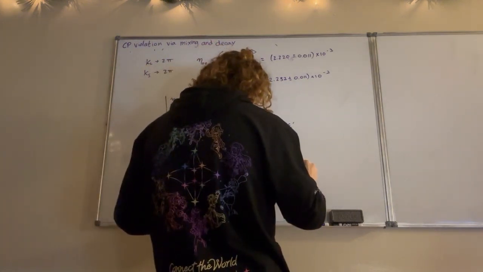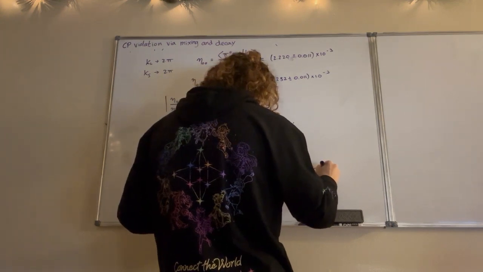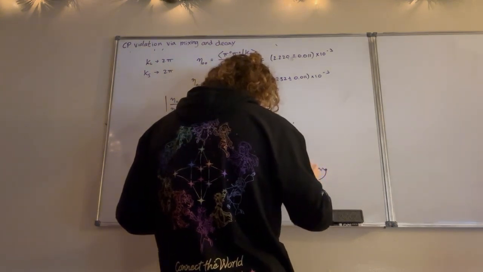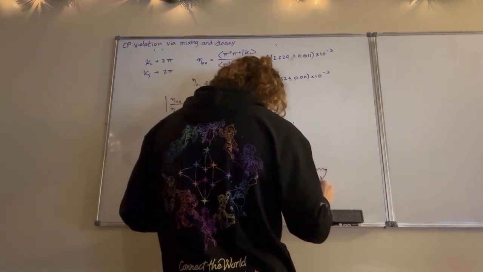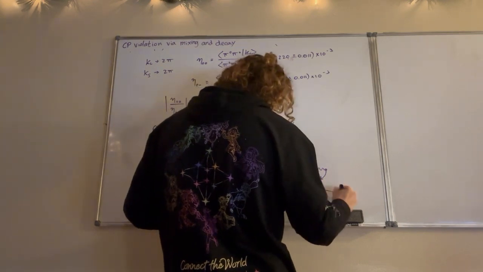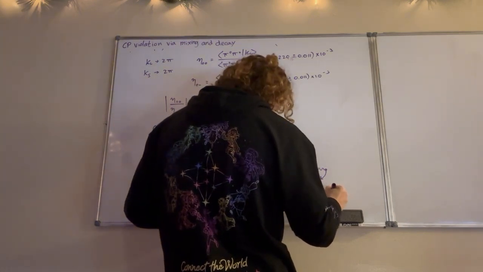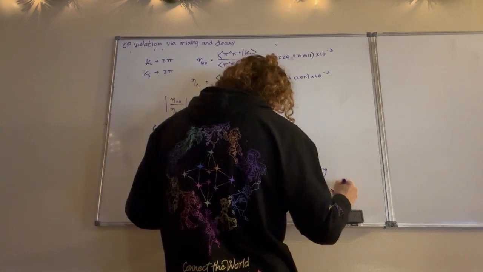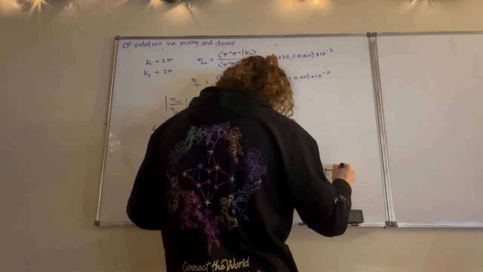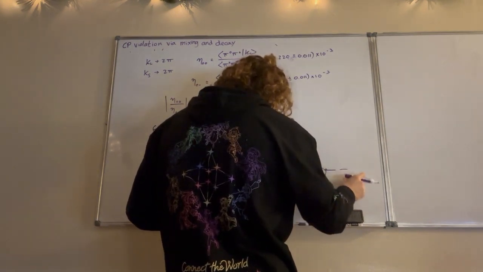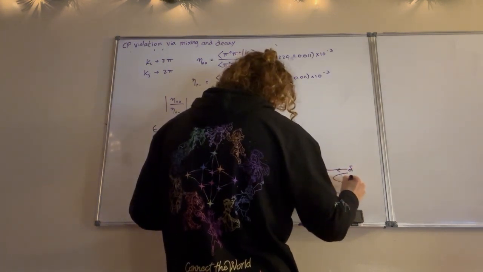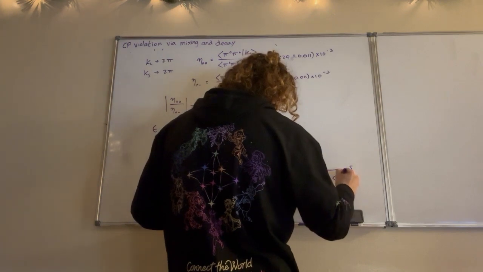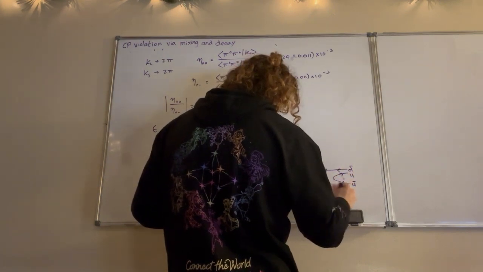what's called the penguin diagram, which includes this strong interaction. Sorry, these are anti-quarks. That's a d prime, that's a u, that's an anti-u.